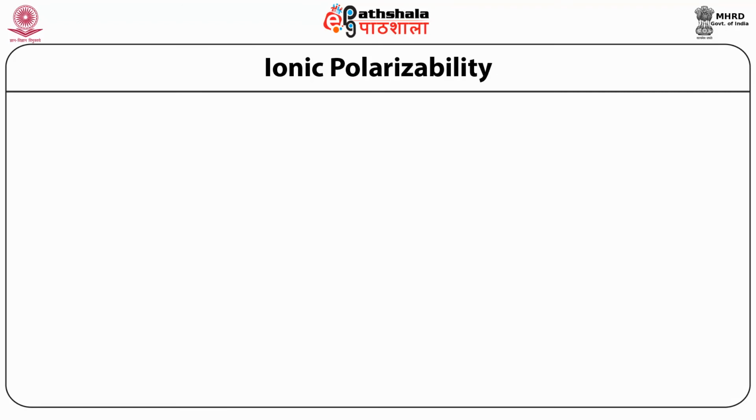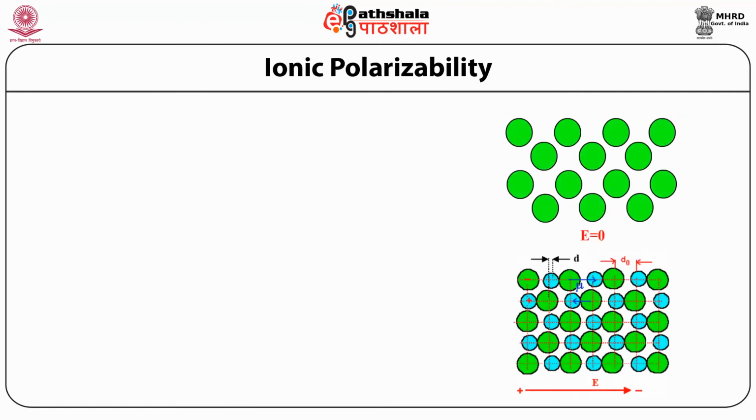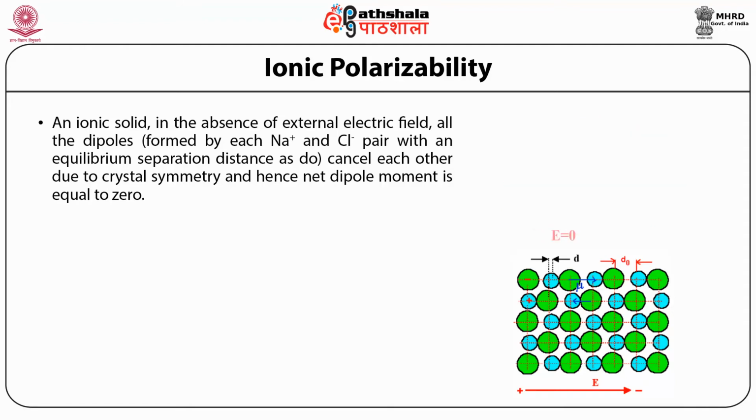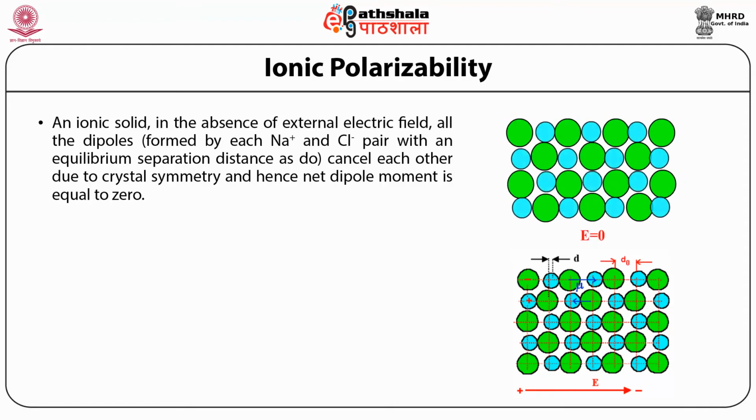Ionic polarizability. This figure shows that in an ionic solid, in the absence of an external electric field, all the dipoles formed by each Na⁺ and Cl⁻ pair with an equilibrium separation distance d₀ cancel each other due to crystal symmetry, and hence the net dipole moment is equal to 0.